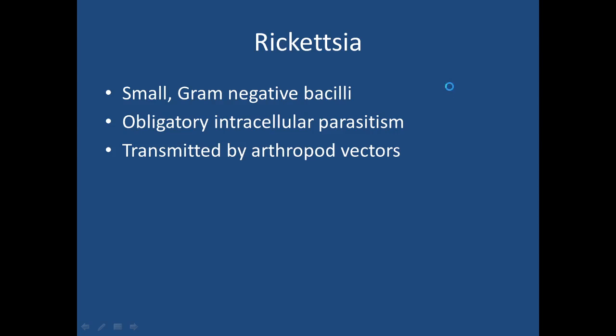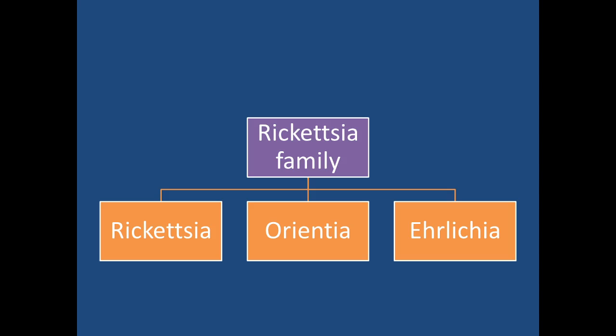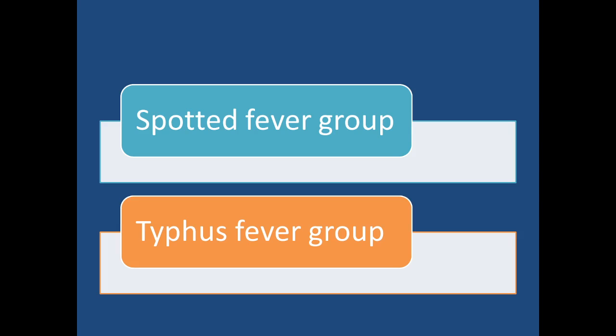Now, what are the organisms which fall under the Rickettsia family? These are Rickettsia, Orientia, and Ehrlichia. So these three genera fall under the Rickettsia family. We broadly divide rickettsia into two groups.